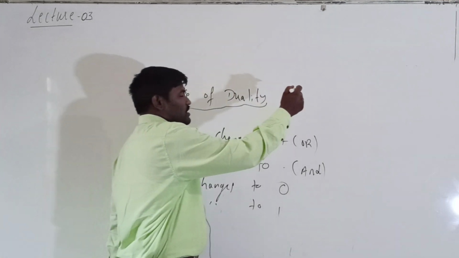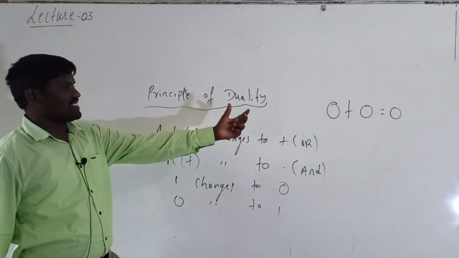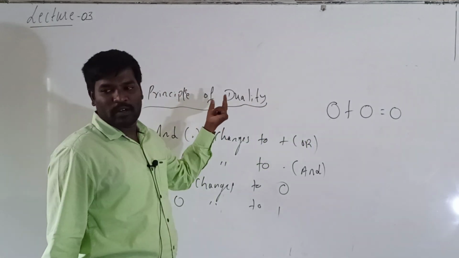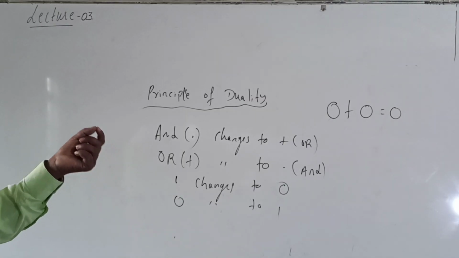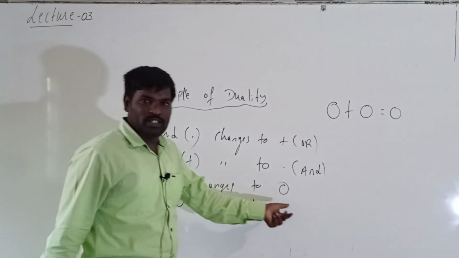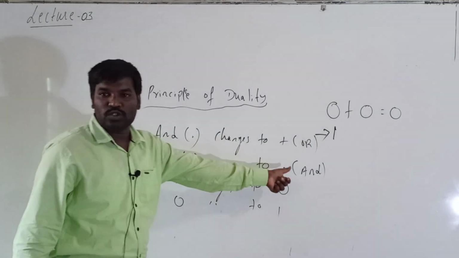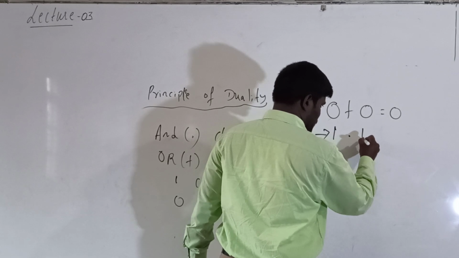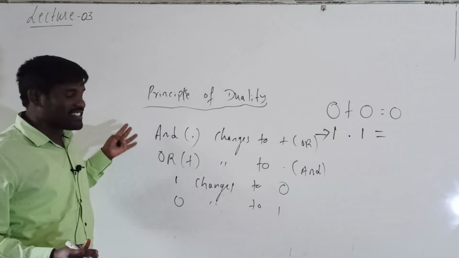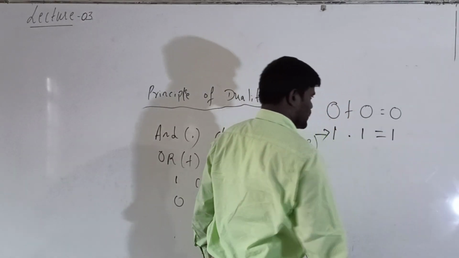For example, if I consider 0 plus 0 is equal to 0, the given expression, and we want to apply the principle of duality: first 0 changes to 1, plus changes to dot, and again 0 changes to 1. Equal to stays as it is, because there is no change in the equal to symbol.